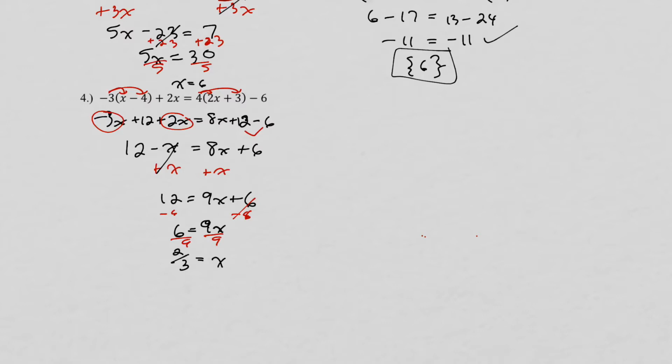I cleared the parentheses on both sides. I combined like terms on the second step. I added the x to both sides. So I moved it to the right side, made 8x, 9x, moved the 6 to the left by subtracting it, and getting 12 minus 6 is 6. Divide both sides by 9 and get a fraction 6/9, which reduces to 2/3.